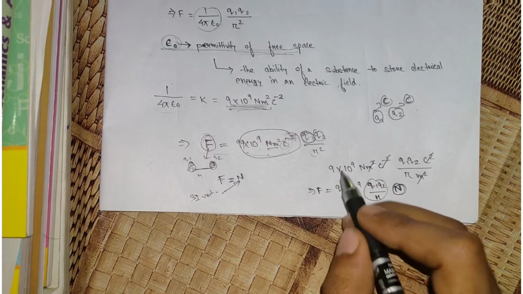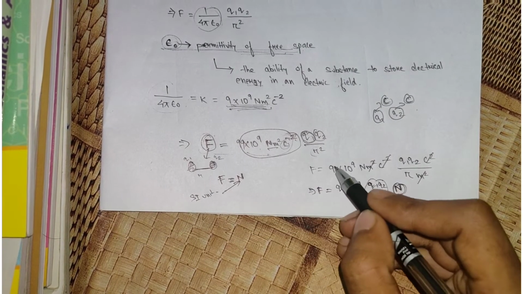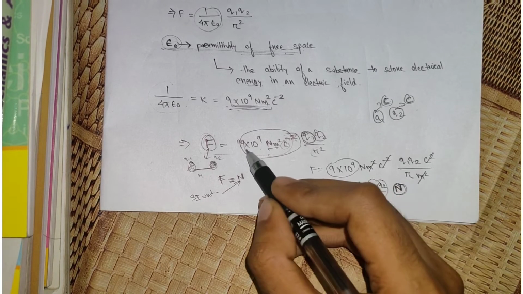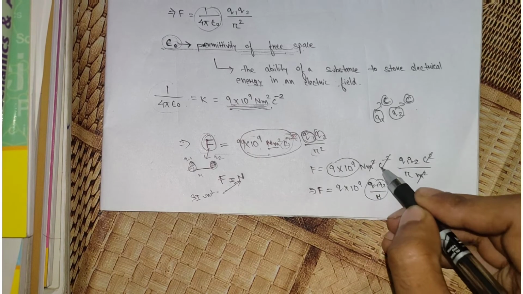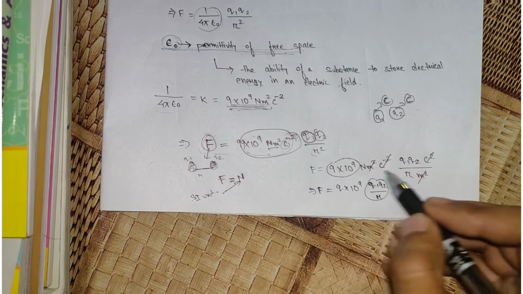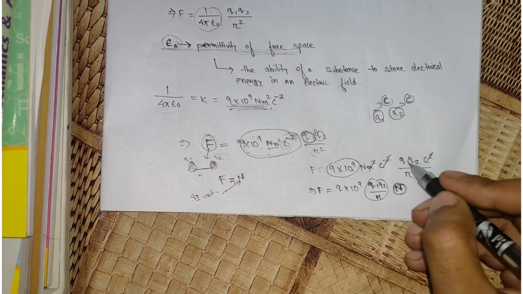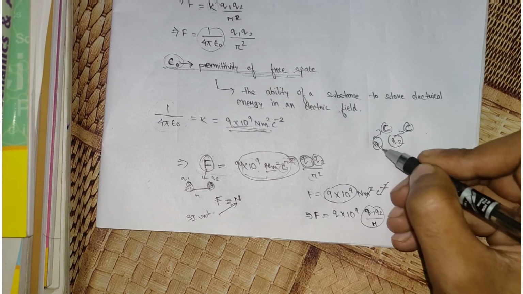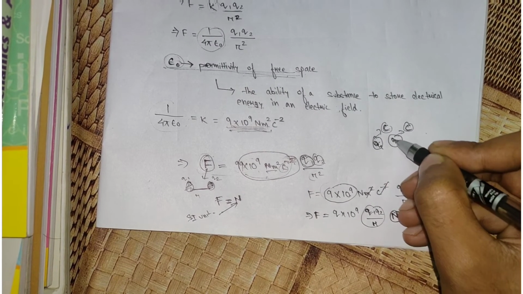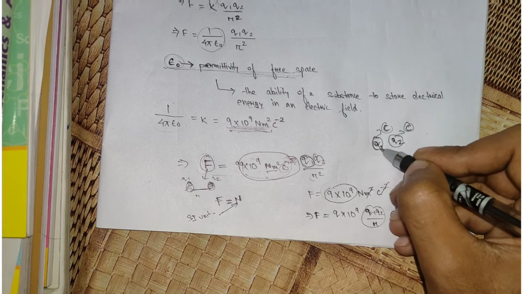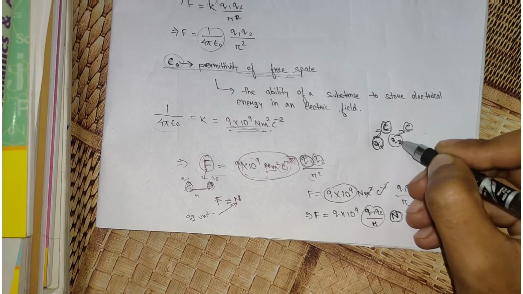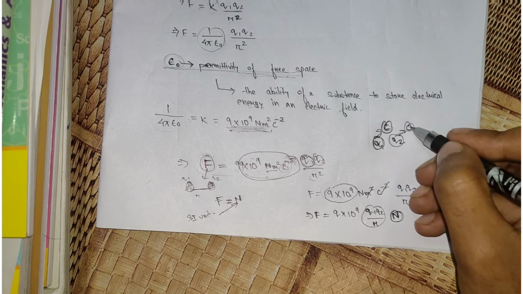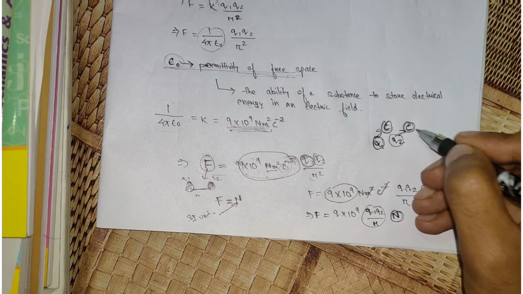What's interesting here is that the force equals 9 into 10 to the power 9, which is a constant, which has come from here, and Newton meter square C to the power minus 2, which is the value of 1 by 4 pi epsilon naught. And the charge q1 is a charge and q2 is also a charge, and the SI unit of charge is Coulomb, which is C.